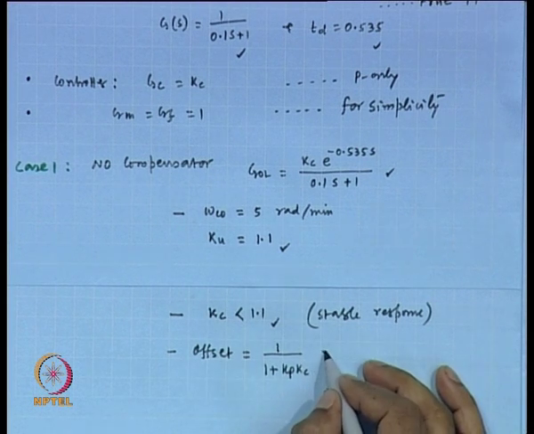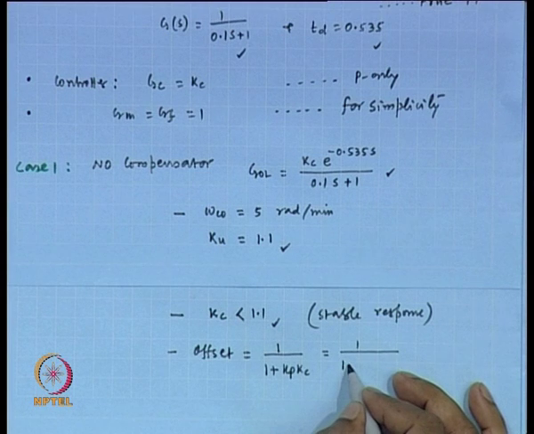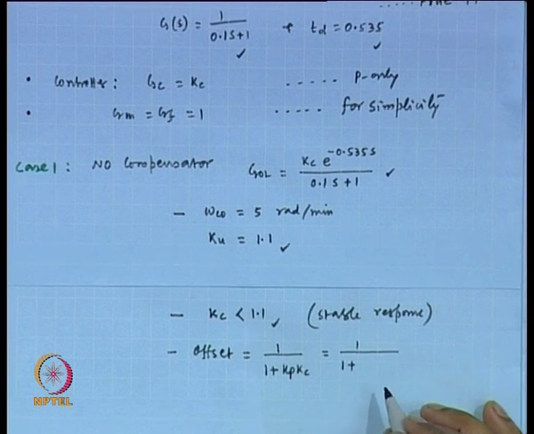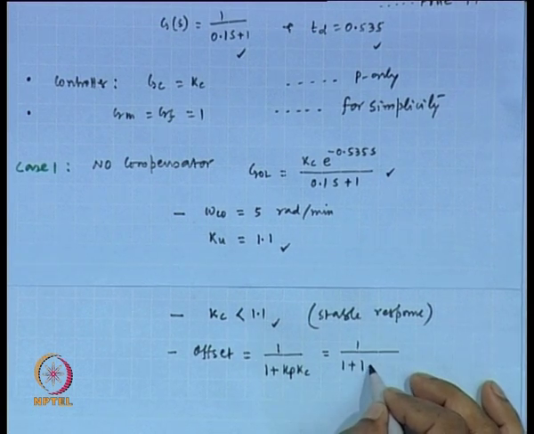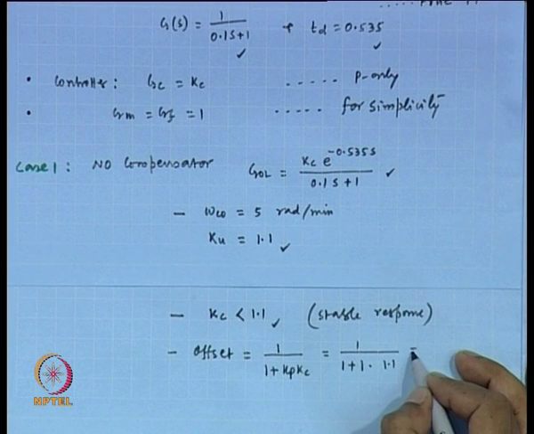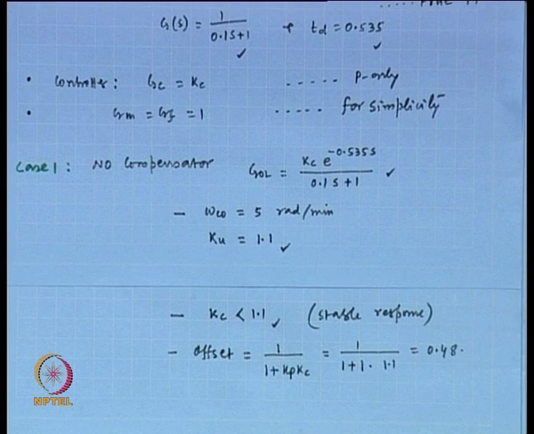Fine. So, if we substitute the values, we obtain 1 divided by 1 plus Kp, which is 1, times Kc. Suppose we are considering 1.1, then it is 0.48. It is a large offset.